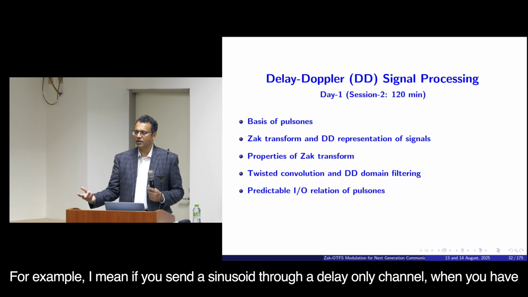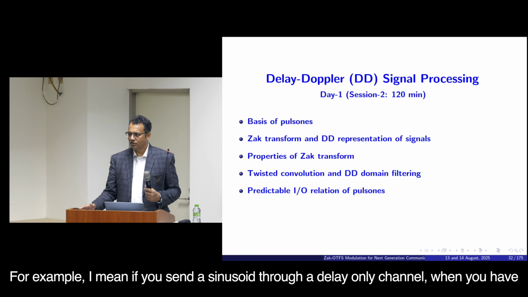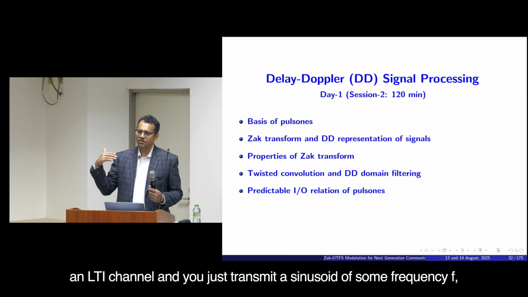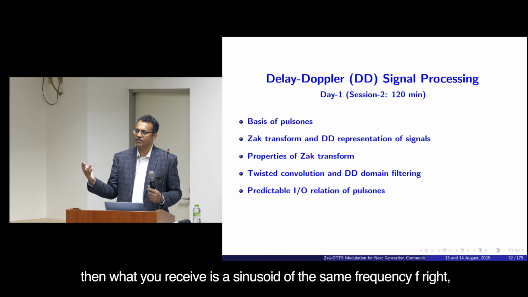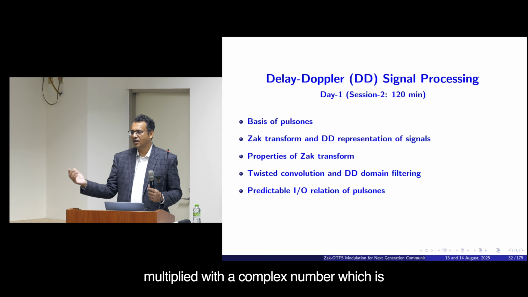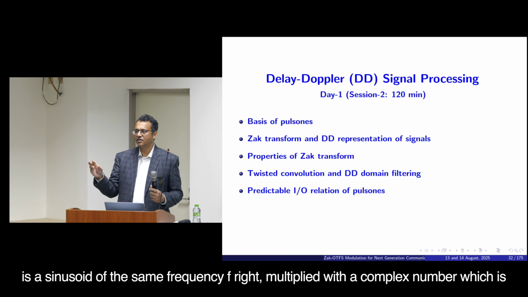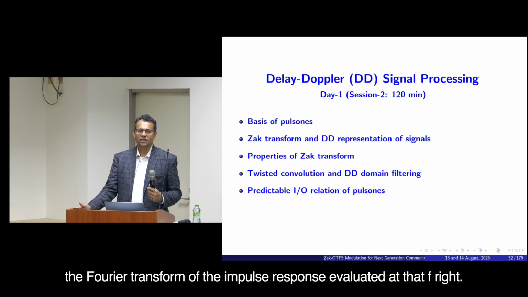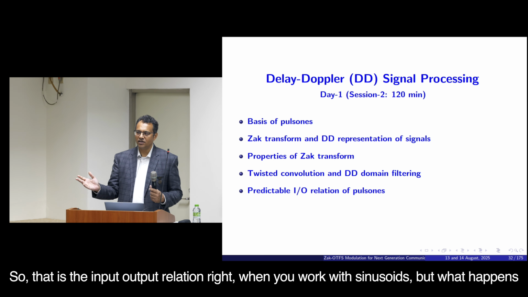Okay, for example, if you send a sinusoid through a delay-only channel, when you have an LTI channel and you just transmit a sinusoid of some frequency f, then what you receive is a sinusoid of the same frequency f, right, multiplied with a complex number which is the gain of the channel on that frequency, h of f, and that h of f is nothing but the Fourier transform of the impulse response evaluated at that f, right. So that's the input-output relation when you work with sinusoids.